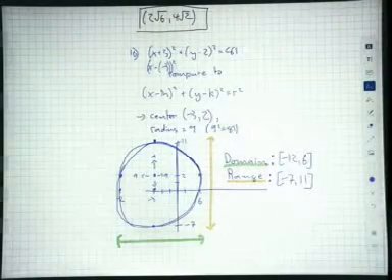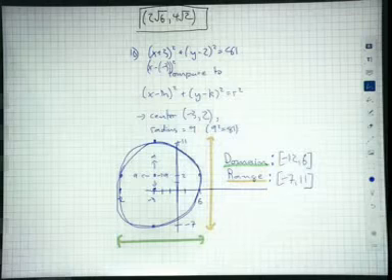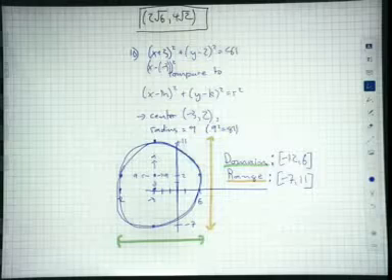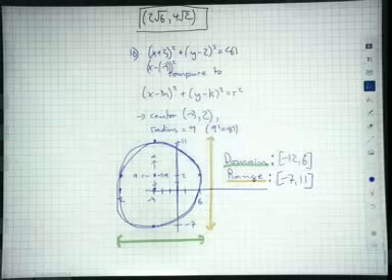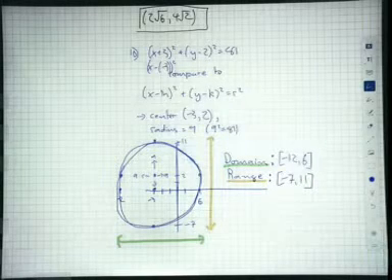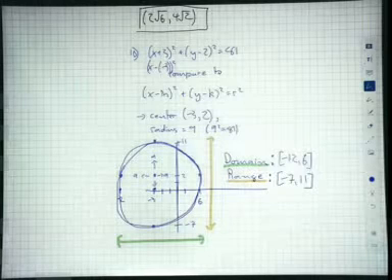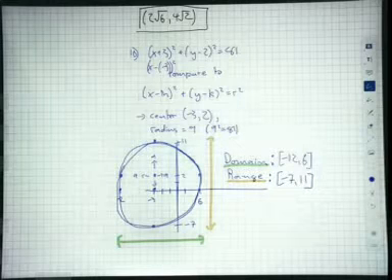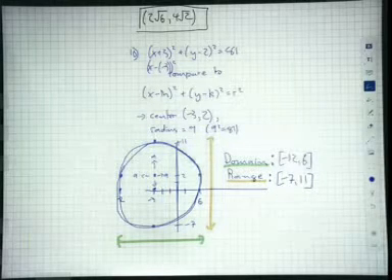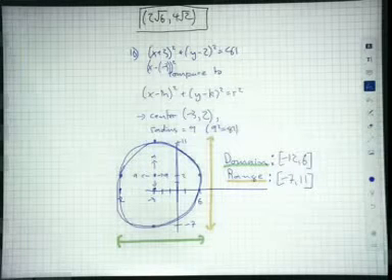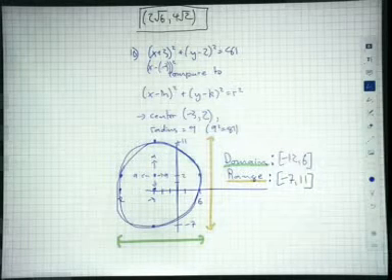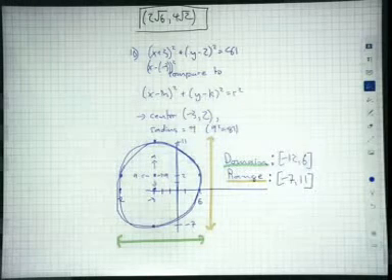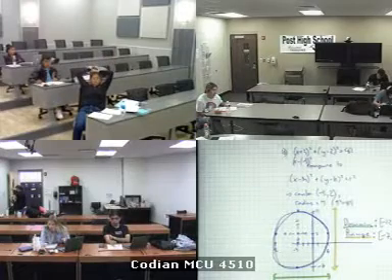What else can we look at? Anything? Can we go over number 3?